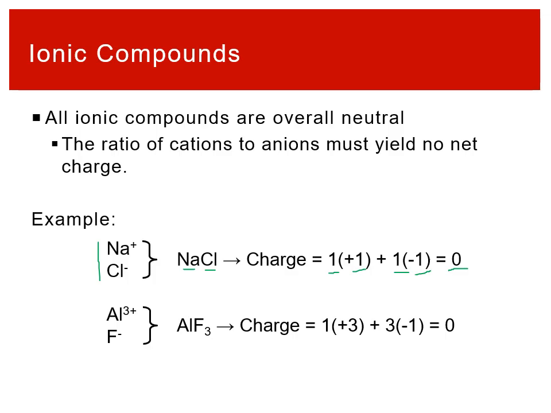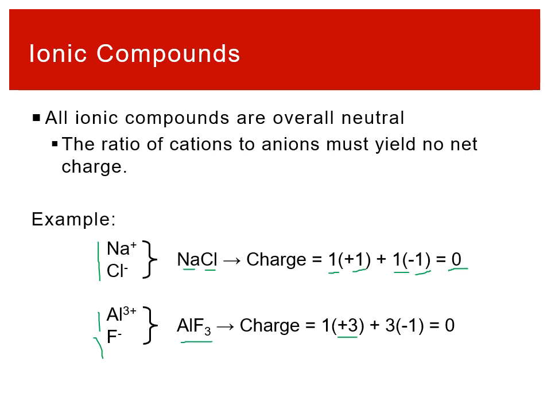In the case of putting aluminum with fluoride, aluminum is 3 plus, fluoride is minus 1. Now we can see that in the formula unit, we have unequal numbers of ions, because they have different charges. Each aluminum is plus 3. It has a large size of charge, so we only need one of them.